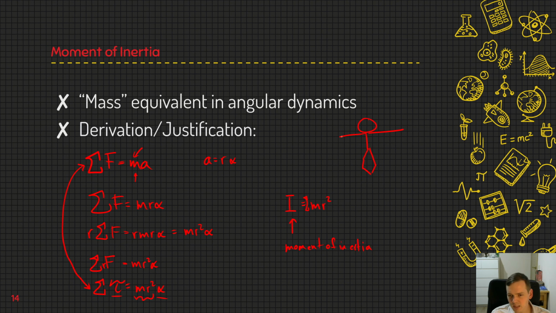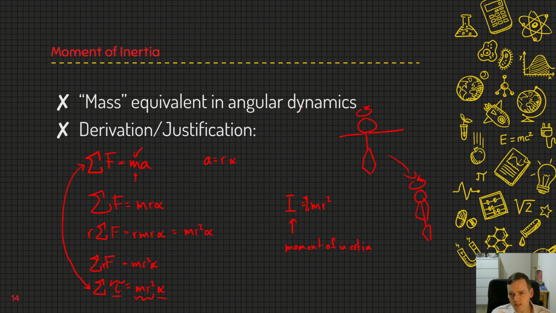The mass is spread out, but then if they bring their arms in, all of their mass is really close to the axis of rotation, so their moment of inertia goes down and they'll spin faster. It's easier to spin something where all the stuff is close together.